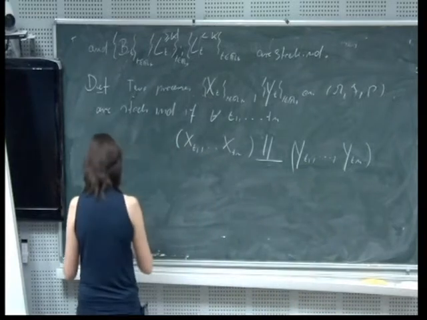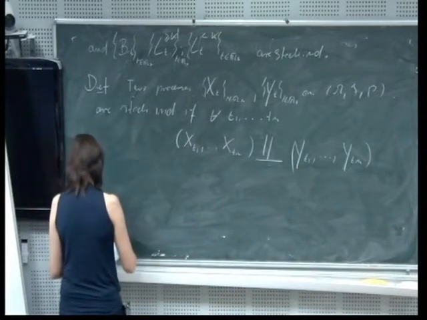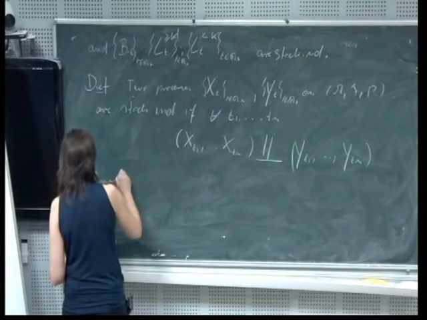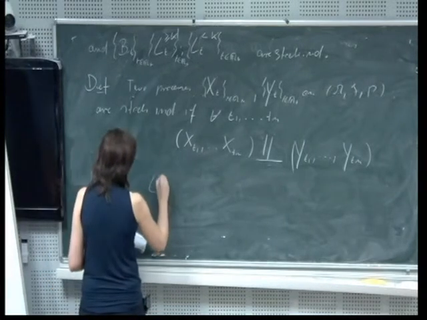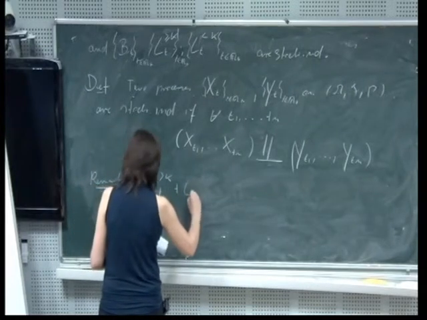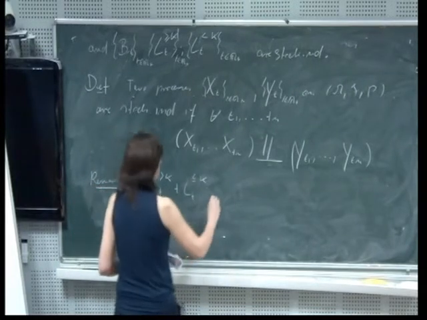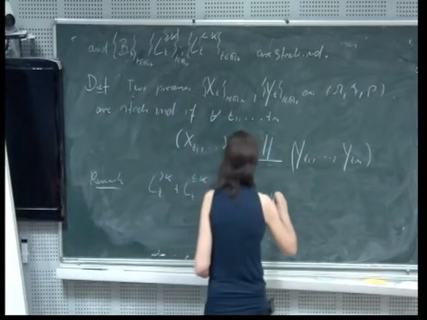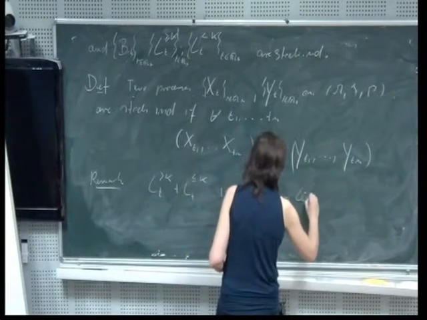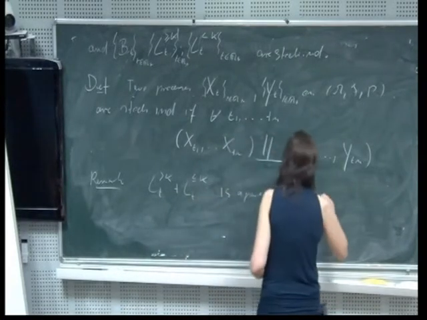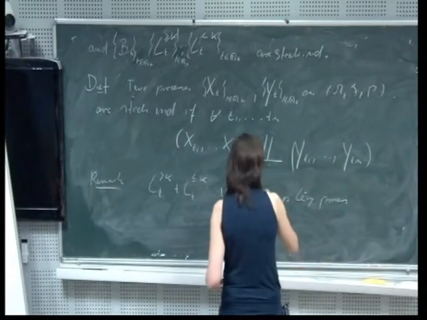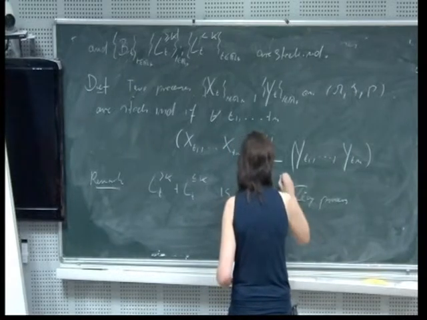So we remark immediately that Lt bigger than k plus Lt less or equal k is a pure jump centered Levy process, even if you separate them.